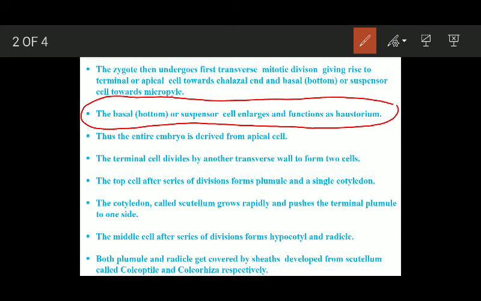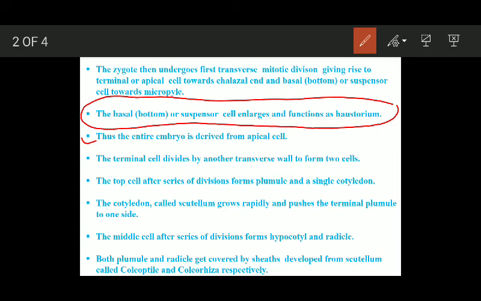It does not divide, so the suspensor cell or basal cell has no role whatsoever in the formation of the embryo in monocots. Alternatively, the entire embryo in monocots is derived from the apical cell. Dicots are different. In dicots the suspensor cell contributes, although less, to the development of the embryo.